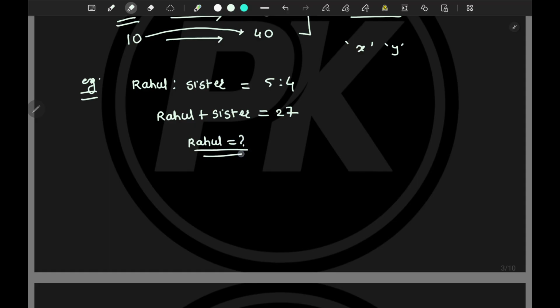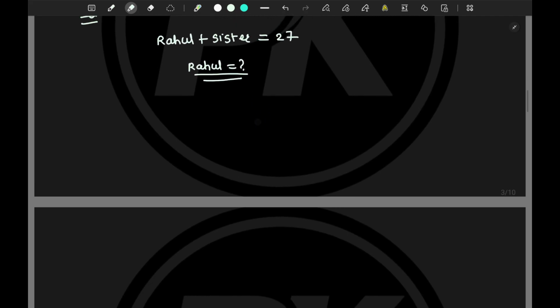We have to find out Rahul's age. Normally such kinds of examples are asked in the examination, and we are going to see each and every type of example which is asked. So now the basic logic is clear, right? Let's try to understand some of the terminologies.